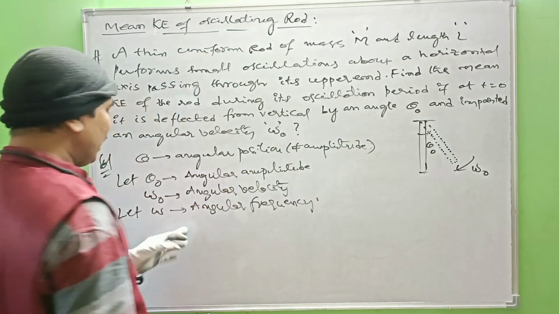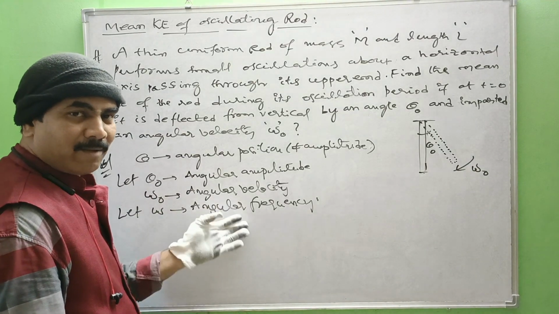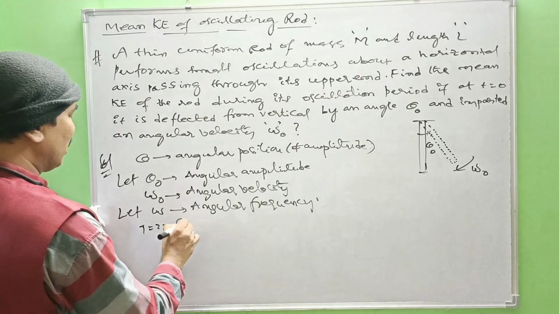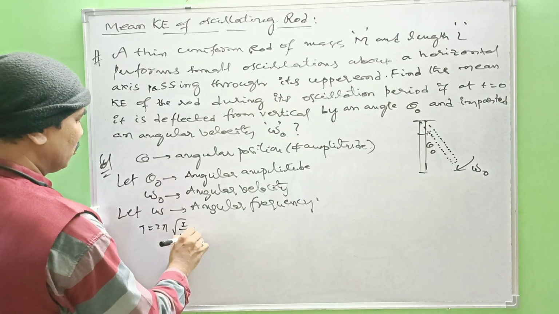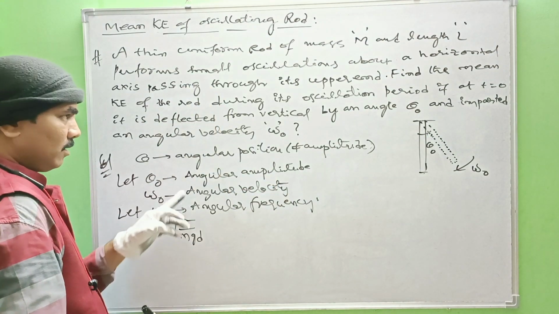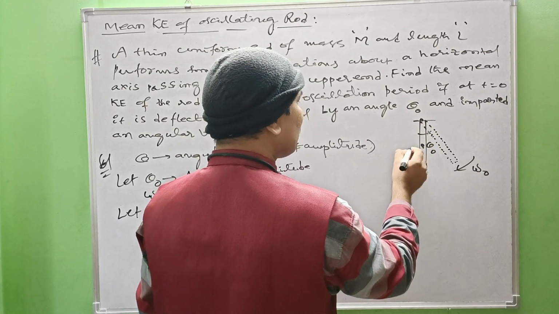What is the expression for angular frequency? We know that T equal to 2 pi root over I by mgd, where d means the distance of the center of gravity from the point of suspension, otherwise the hinged point. See, this is the hinged point, this is the center of gravity g.